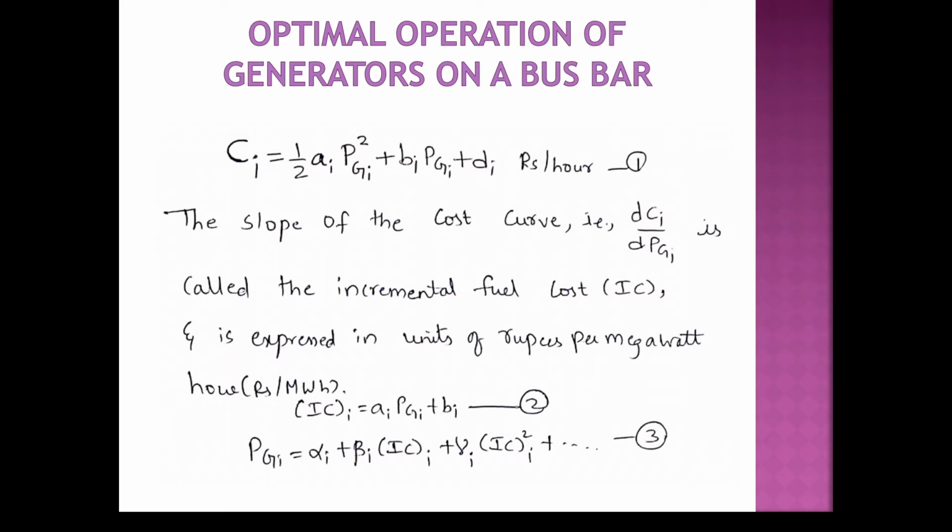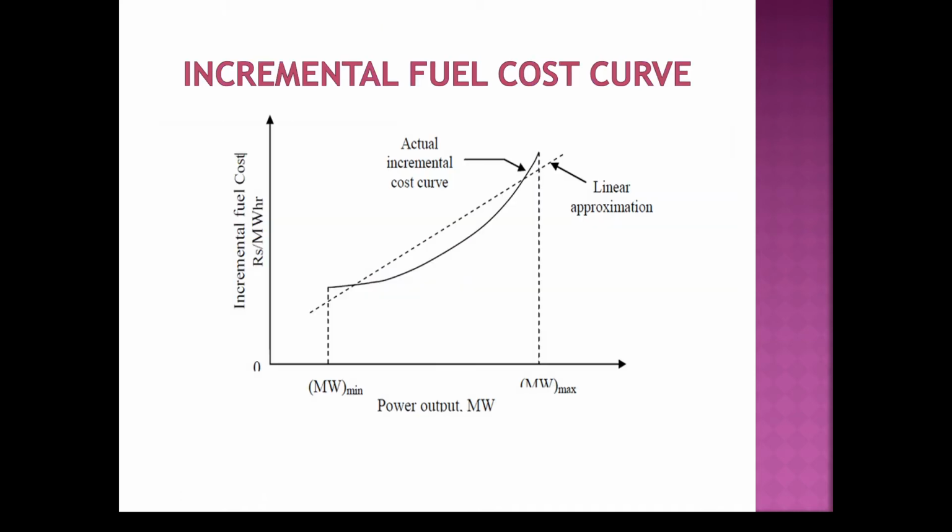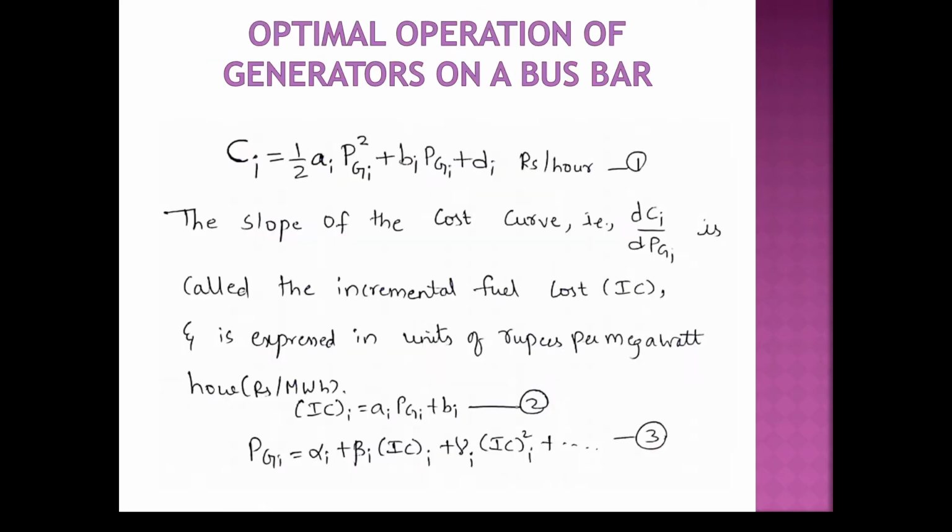So the slope of the cost curve, that is dCi by dP_Gi, is called the incremental fuel cost, IC. Incremental fuel cost I am denoting by IC, and it is expressed in units of rupees per megawatt hour. Just now we have seen here rupees per megawatt hour. So IC_i is equal to a_i P_Gi plus b_i.